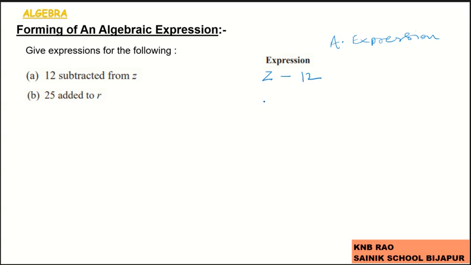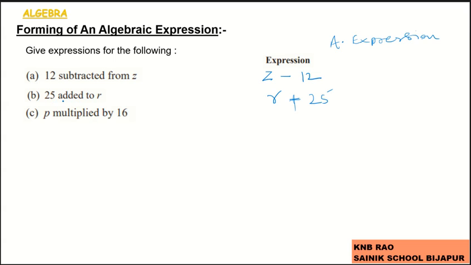I can write it anyway, but preferably when you are converting from English language to mathematical language, always see from behind. 25 added to r. That means r first we are writing, added plus, and how much we are adding? 25. So this is the algebraic expression equivalent to 25 added to r.